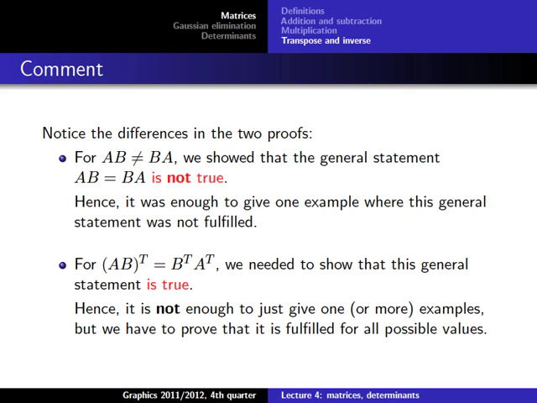It's like if I say everyone failed this course, and to prove that I show you one exam from a guy who failed this course, and then I say, see, he failed it and this guy also failed it, so I have 2 examples, so everyone else failed as well. Of course, that's stupid, that doesn't work. The same way, if I want to prove to you that everyone passed this course, I cannot just show you 2, I have to show you all the exams.